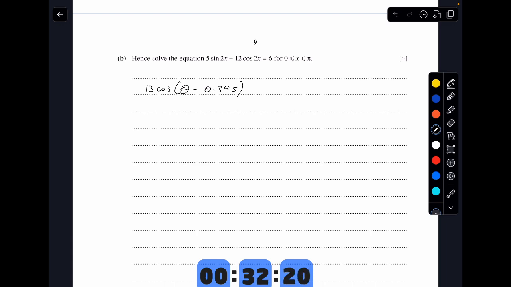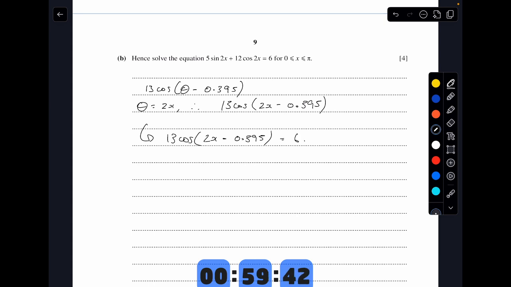Well, theta in this instance is 2x, so therefore we get 13 cos 2x minus 0.395. Okay, so we can therefore say 13 cos 2x minus 0.395 is equal to 6.